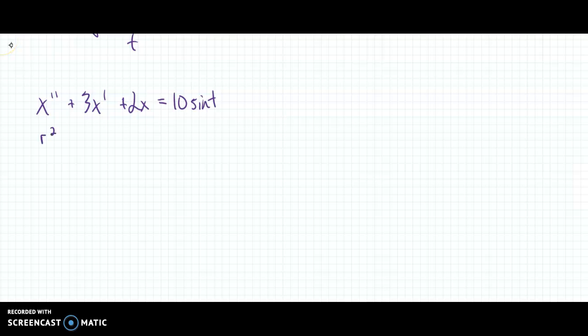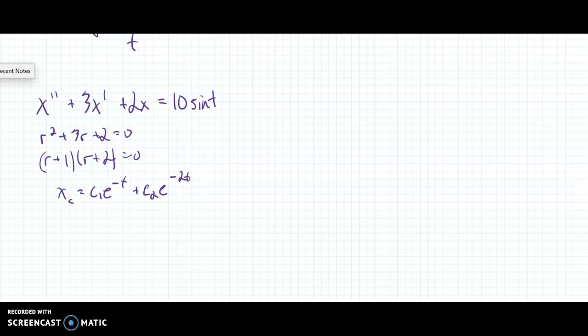So I would get r squared plus 3r plus 2 equals 0. R plus 1, r plus 2 equals 0. That gives me my xc is equal to c1 e to the negative t plus c2 e to the negative 2t.